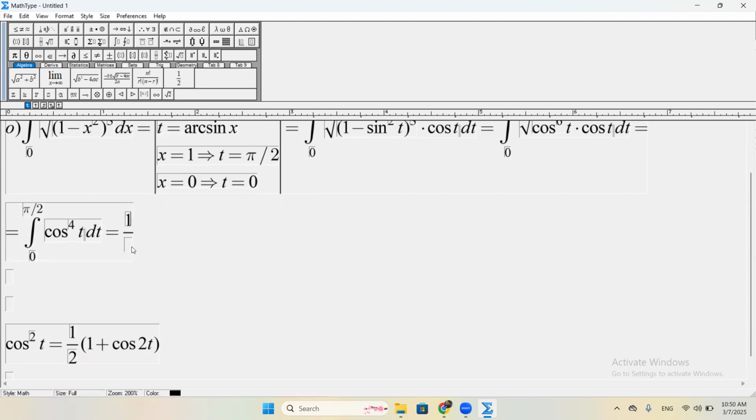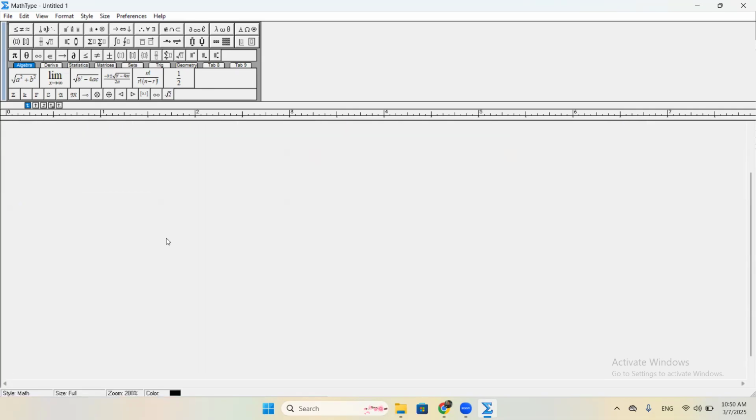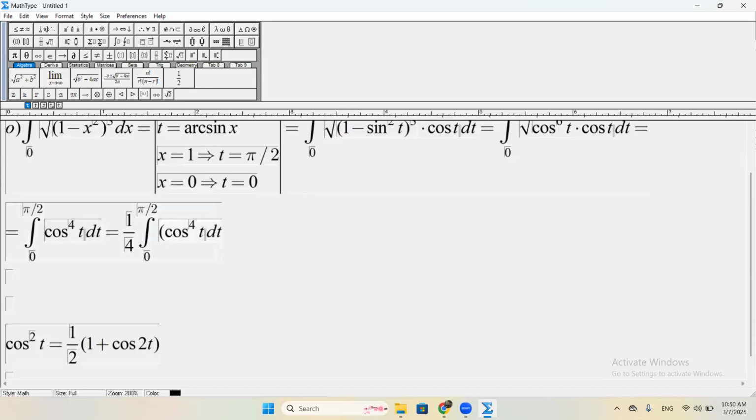So here we'll have 1/4 because we have power of 4 here. And what do we have? So 1 minus cosine of 2t in power of 2 and dt.